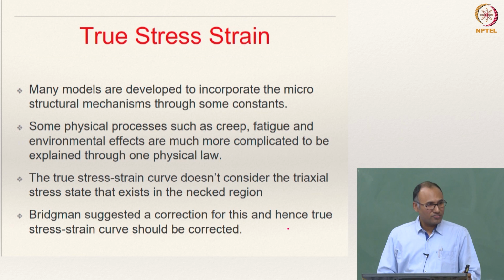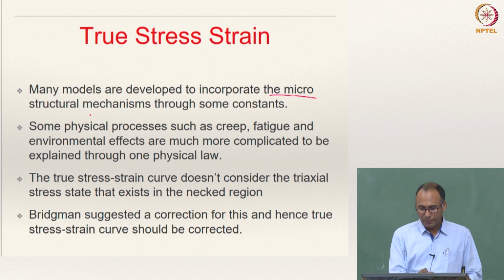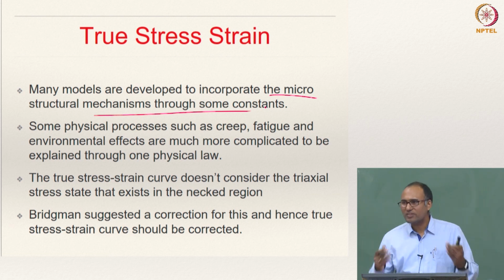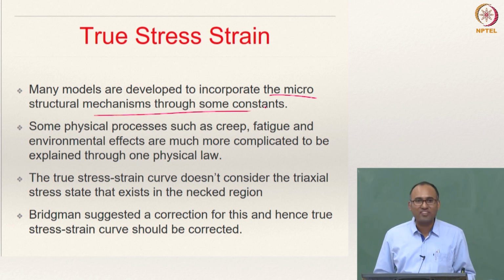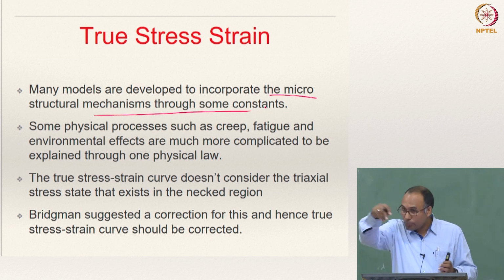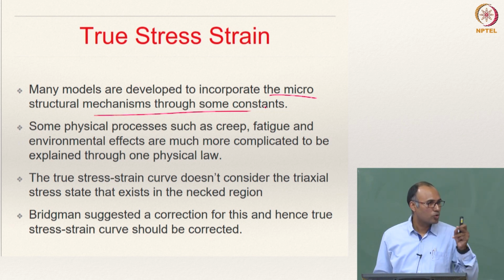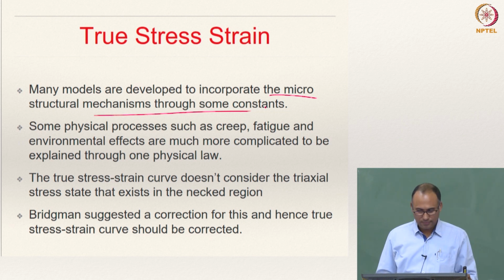As we have discussed, there are many models developed to incorporate the microstructural mechanisms through constants like K and n. These constants represent the microscopic mechanism in some average sense, but they cannot represent it at each and every point on the stress strain curve, because the mechanisms themselves might change from one region to another.